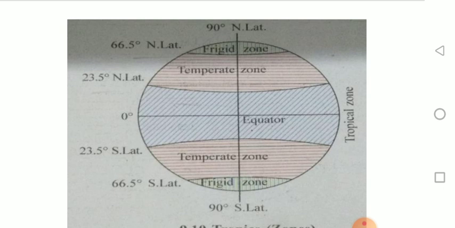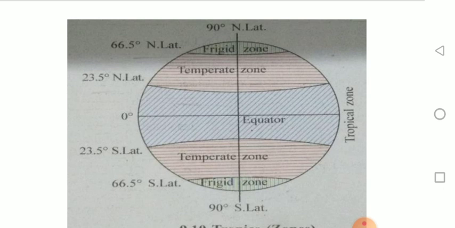Then 23.5 degree south latitude is known as the temperate zone. The last one, 66.5 degrees south latitude, is known as a freeze zone. There are two freeze zones, the north latitude and the south latitude, because fewer sun rays fall there.